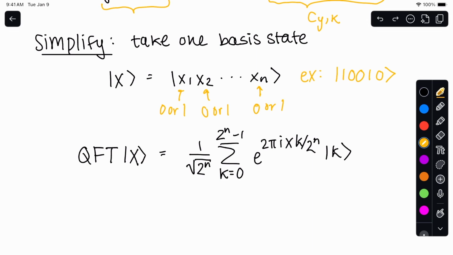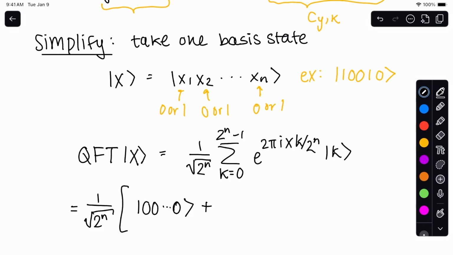So let's just write out exactly what this is. So first we have the state k equals 0. This is the all 0 state, and we're raising e to the power of 0. So that's just going to be 1. So we have the all 0 state.